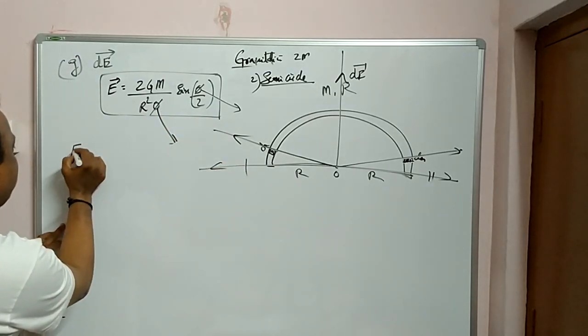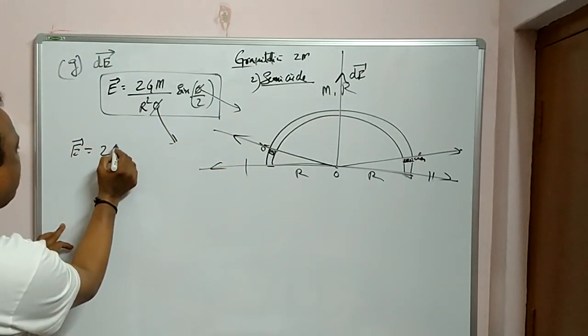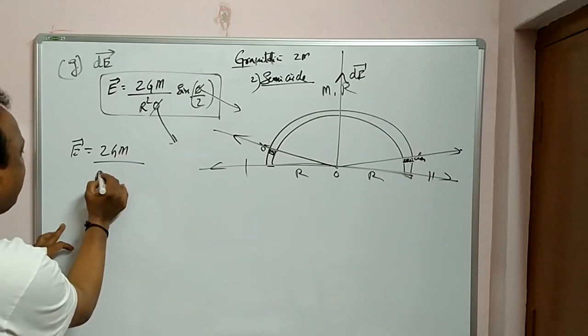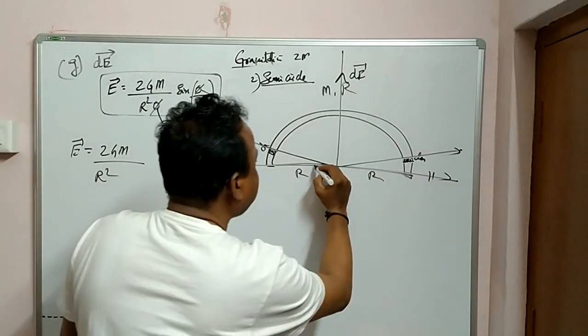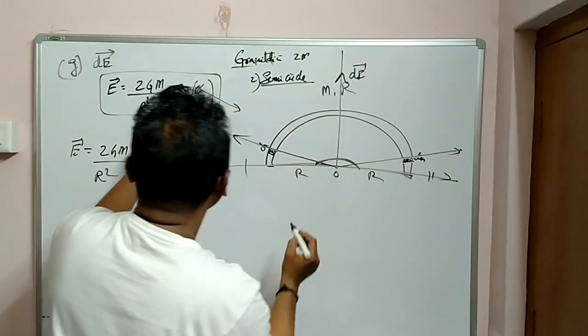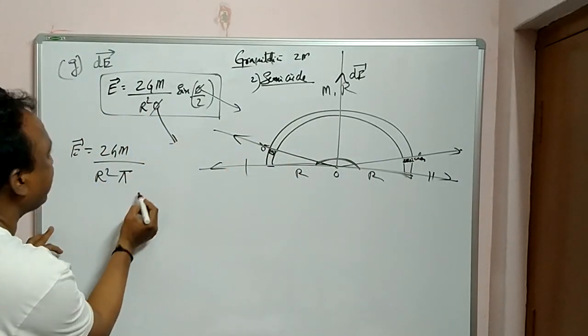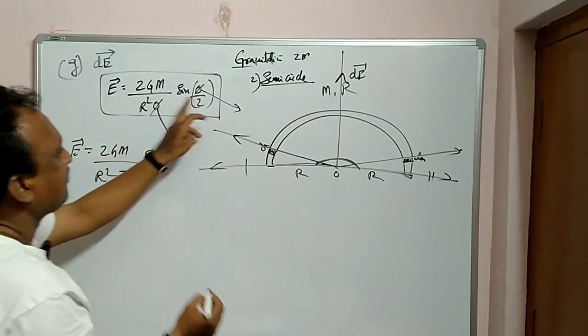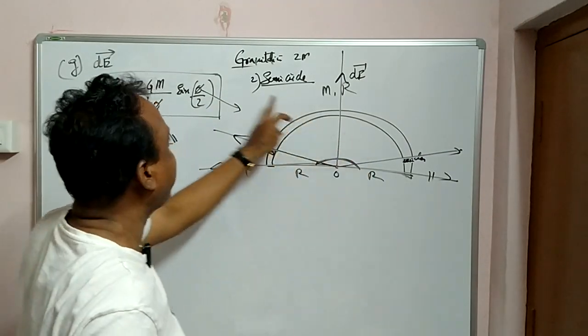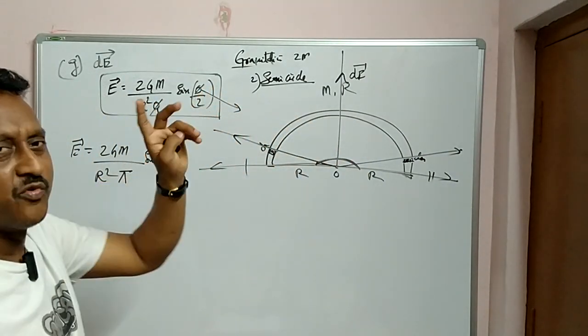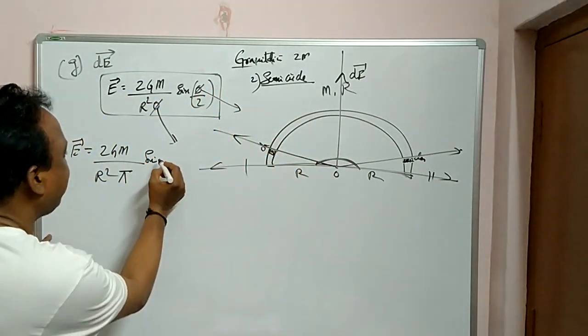In the formula, E vector is equal to GM by r square into phi. What is this angle phi? The denominator value is in radians; I told you to put it in degrees. So phi means pi, how much? 180 degrees. 180 by 2 is 90.